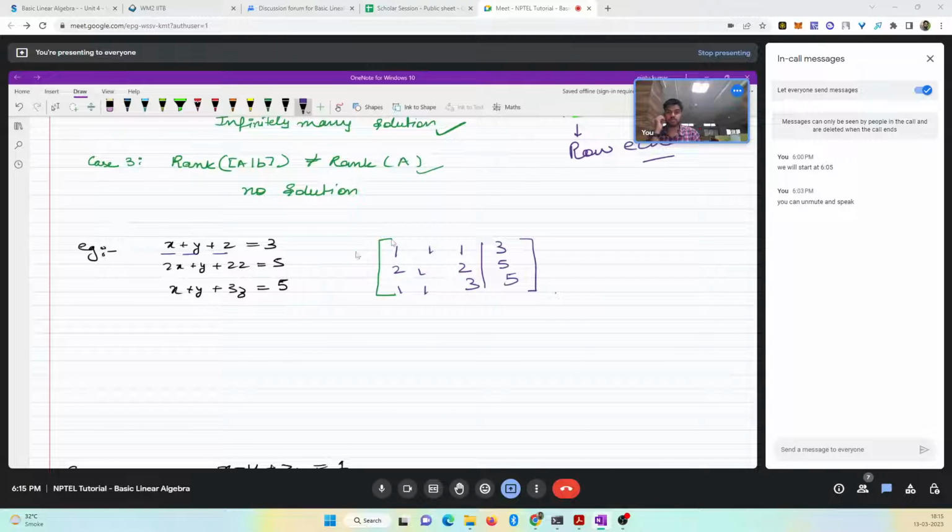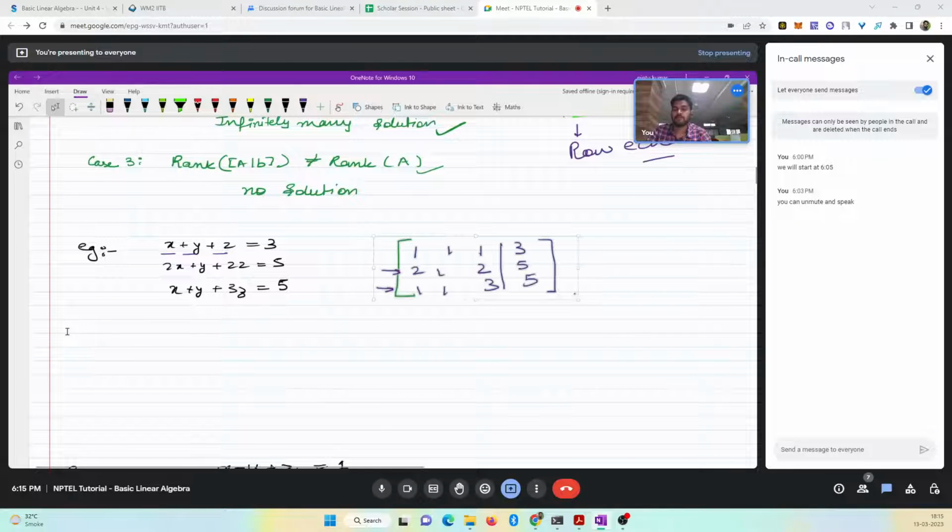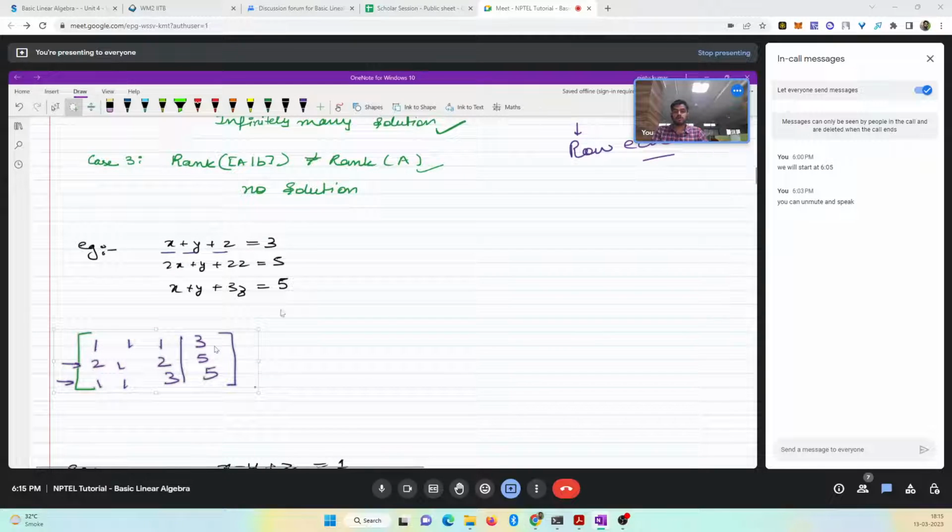What we can do as our first step is make these two entries 0. So we can make R2 go to R2 minus 2 times R1, and similarly we can make R3 go to R3 minus R1.